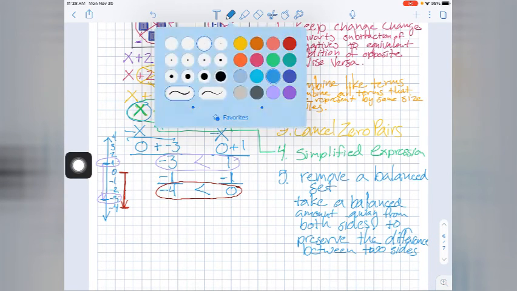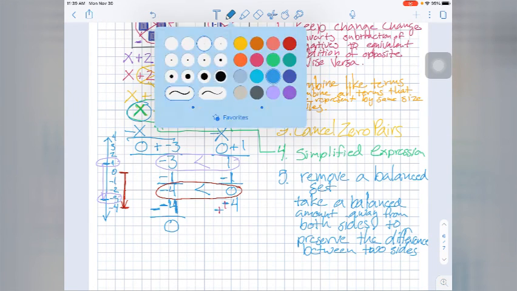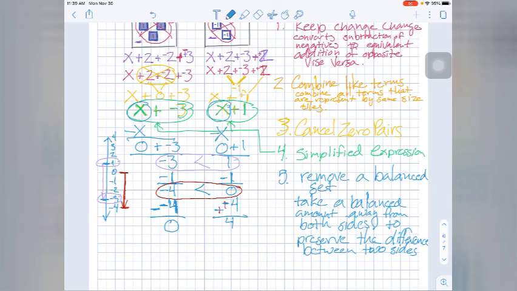And then there's another balanced set I could take away. What if I took away the -4 from this side? Well, I would have to take away -4 from the other side. So -4 minus itself, any number minus itself, is equal to 0. But then 0 minus -4, we already know from doing keep, change, change, I'm going to change this to plus 4. I know those are the same thing. 0 plus 4 is equal to 4.